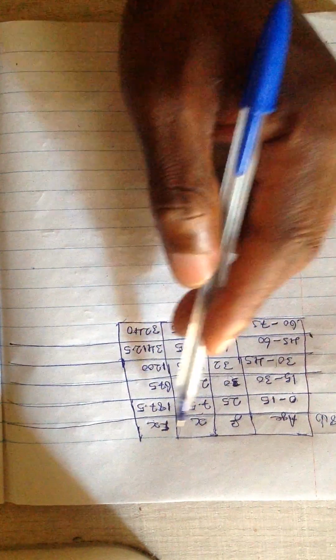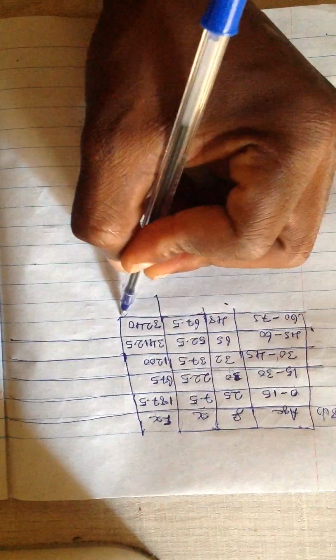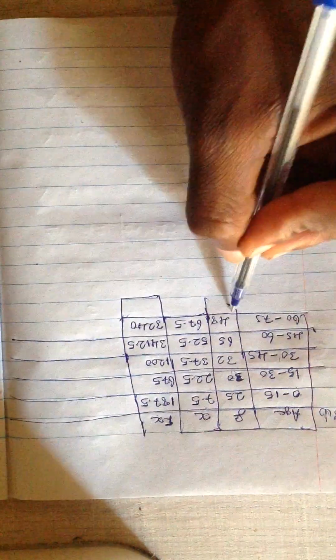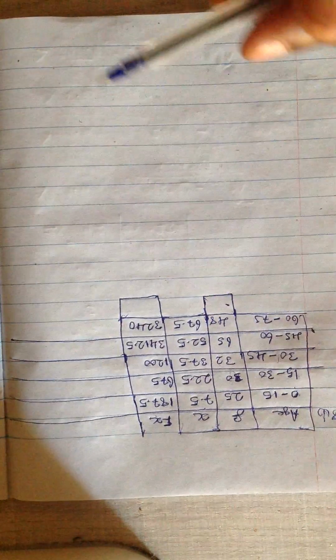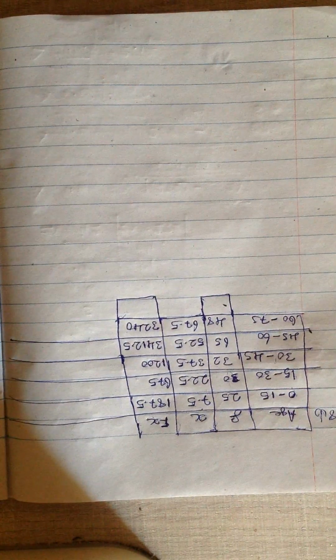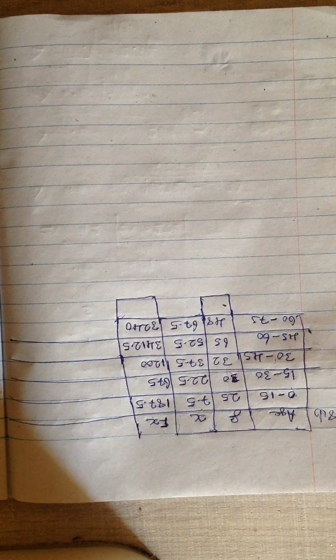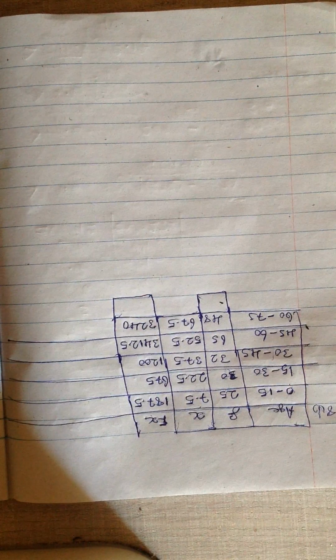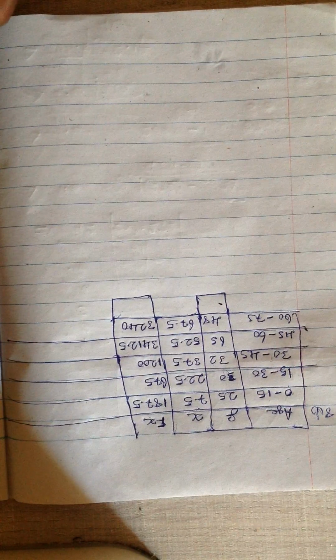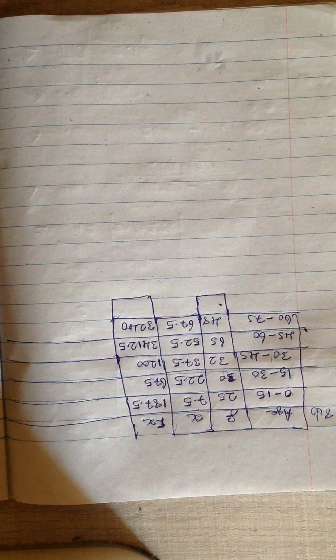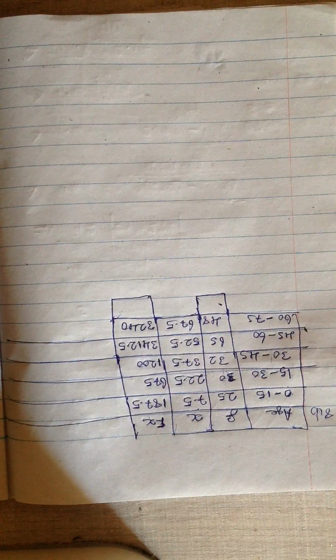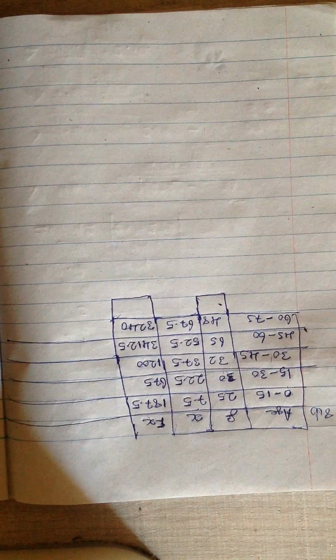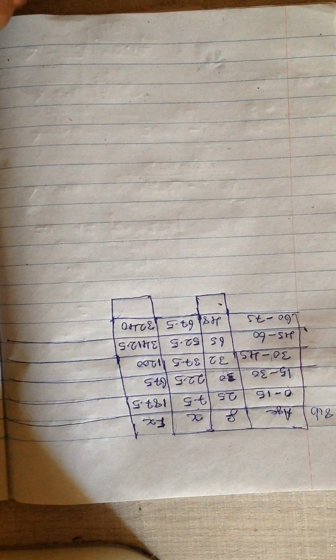Now remember, I'm supposed to come up with the total here. Equally with this one, I have to come up with the total, because in my solvings I'm going to need the summation of the fx and the summation of f. So what is 3240 plus 3412.5 plus 1200 plus 675 plus 187.5?